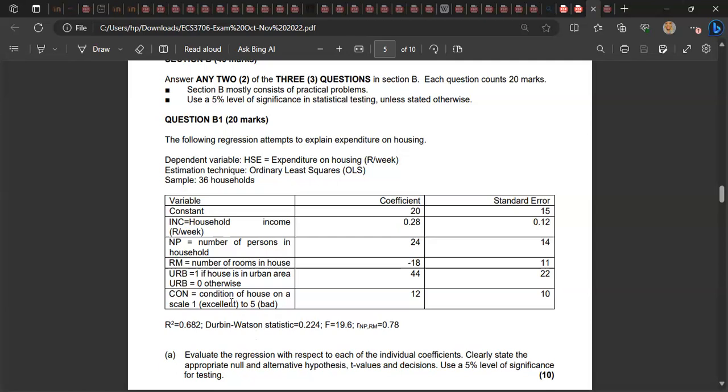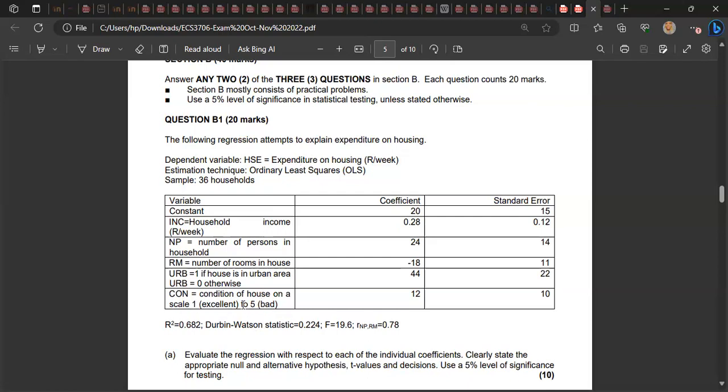And for one that is bad, the expenditure on that housing needs to be lower. So if you look at how this has been set up from 1 to 5 and compare it with what we have on our expenditure, they look like they are moving in opposite directions. Where it's excellent, we are moving backwards, from 5 to 1, while the expenditure is increasing.